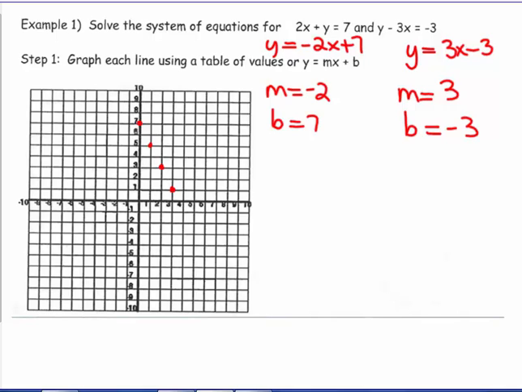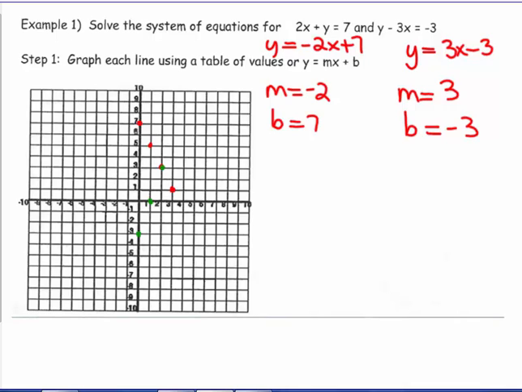That's the first equation. The second equation with a y-intercept of negative 3, so starting down at negative 3, and a slope of 3 means going up 3 and to the right one, up 3 and to the right one. We can see where these two lines are going to intersect at x equals 2 and y equals 3.